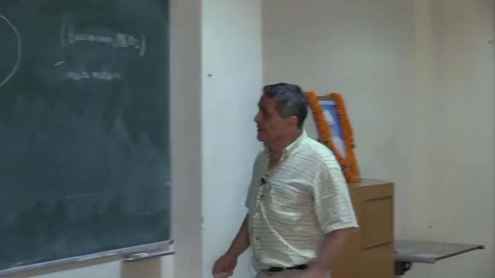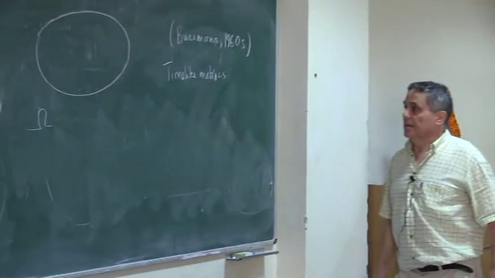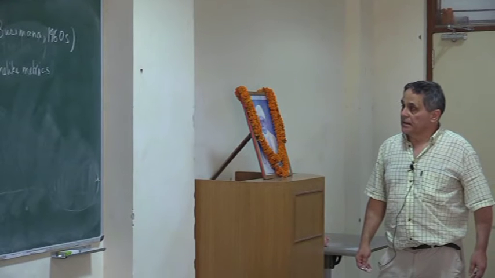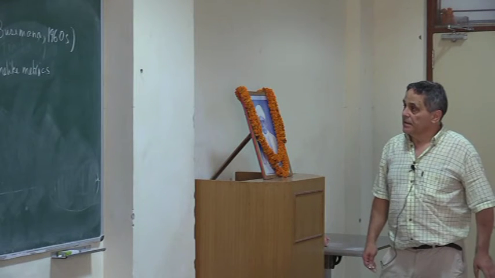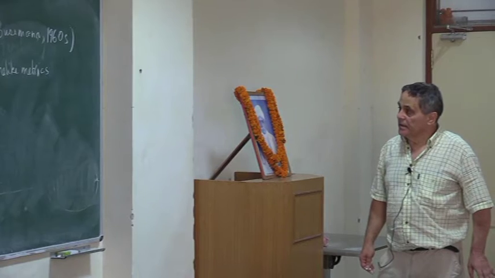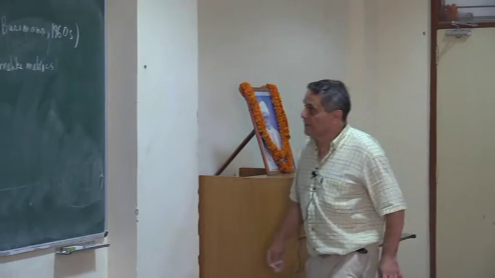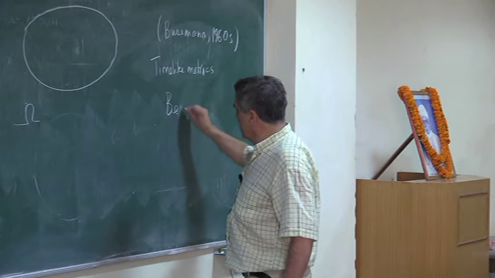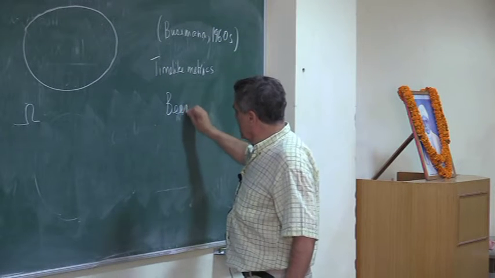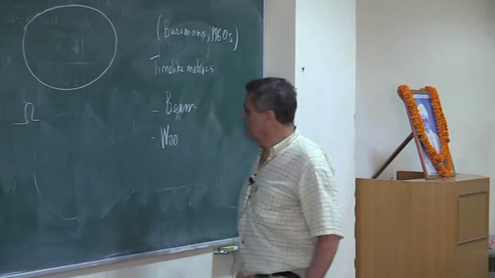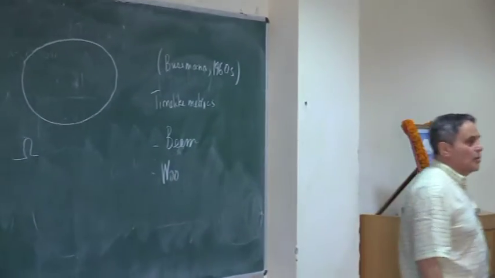He was motivated by the geometry underlying general relativity, and I will talk about this later. Then there were two students of Busemann who worked and published papers about this. One is called Beem, I think, and another one called Woo, W-O-O.